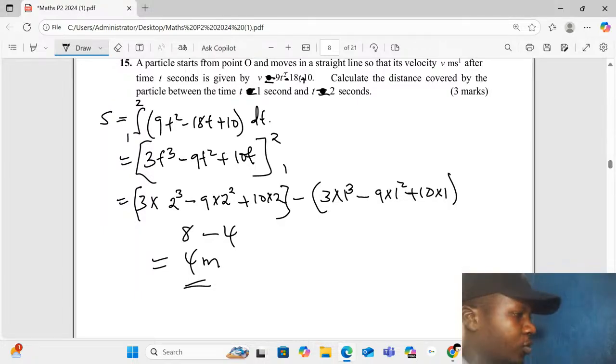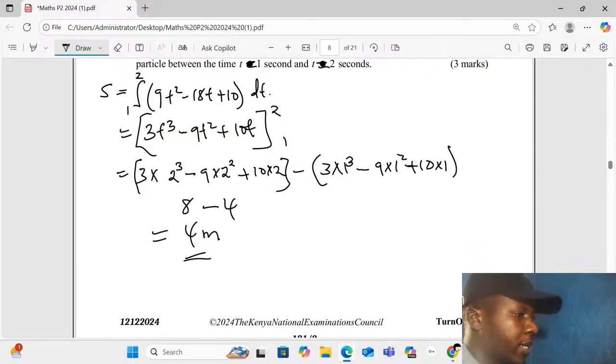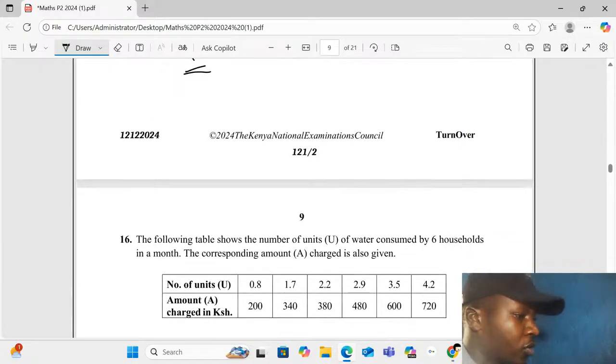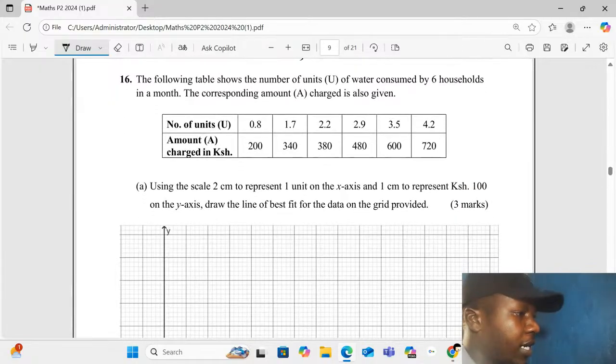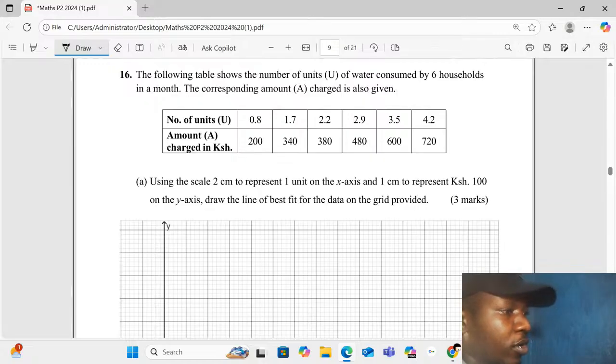Let us move to question number 16, which is a graph. They are saying the following table shows the number of units U of water consumed by 6 households in a month. The corresponding amount A charged is given by the table.